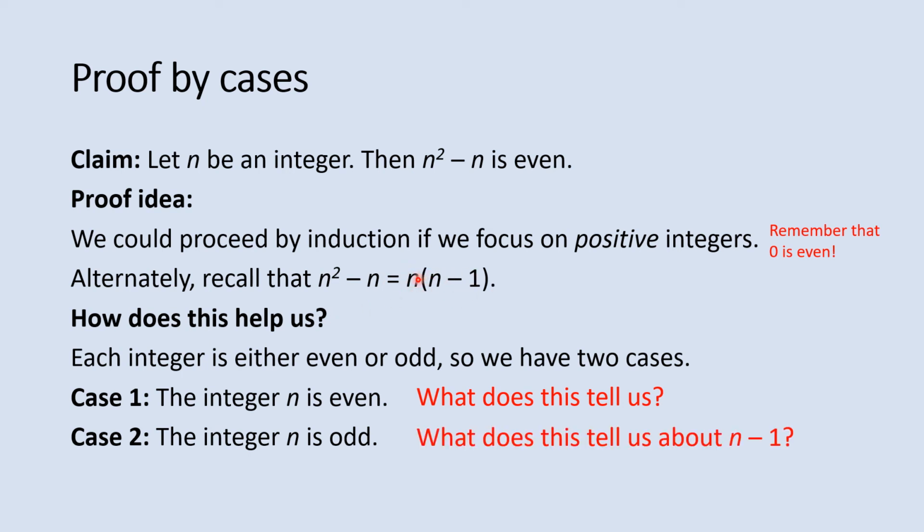If n is odd, then the number before it is even. We have to prove that, but if n is odd, then the number before it is even. And so n squared minus n is again equal to an even number times an odd number. And so breaking this into cases, rather than focusing on all of the numbers, separating it allows us to more easily solve the problem, prove the theorem in this case, or prove the claim.